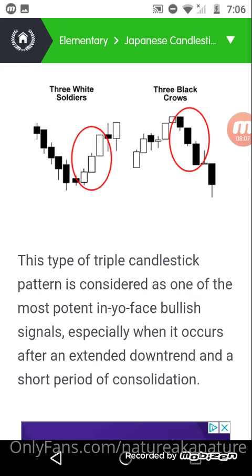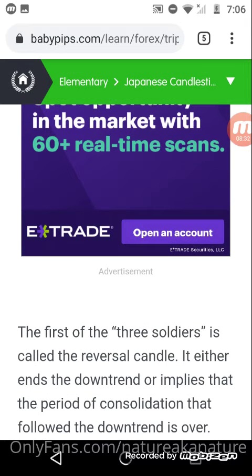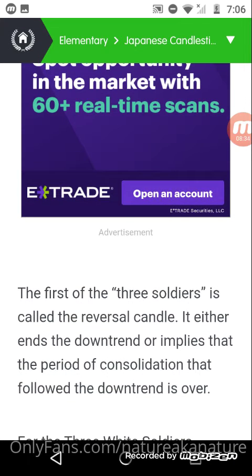So in this example, for the three white soldiers, after some type of consolidation, which means a sideways trend, or some type of extended downtrend, you will see three white soldiers. The first of the three soldiers is called the reversal candle. It's either the end of the downtrend, or it implies that a period of consolidation that follows the downtrend is over.